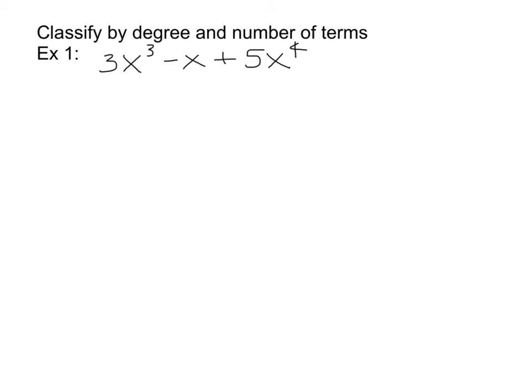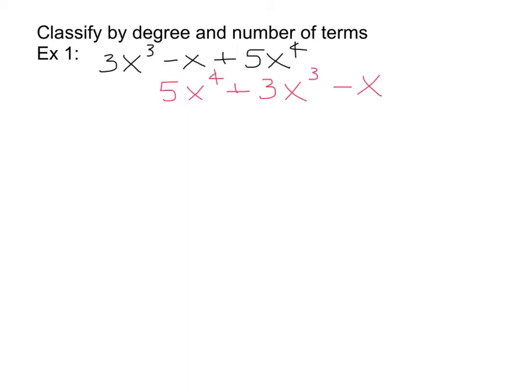Let's look at how we classify this polynomial based on its degree and number of terms. So we're given 3x cubed minus x plus 5x to the 4th. So first thing you want to do is write it in standard form with the highest exponent first. So 5x to the 4th, and then remember we go in descending order, so then plus 3x cubed, and then minus x.